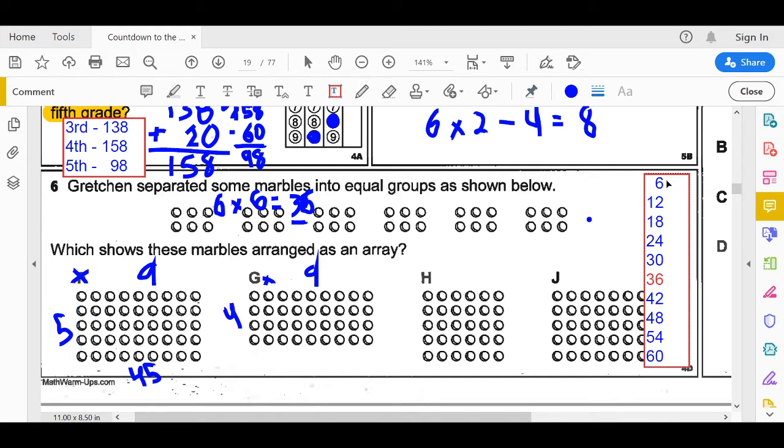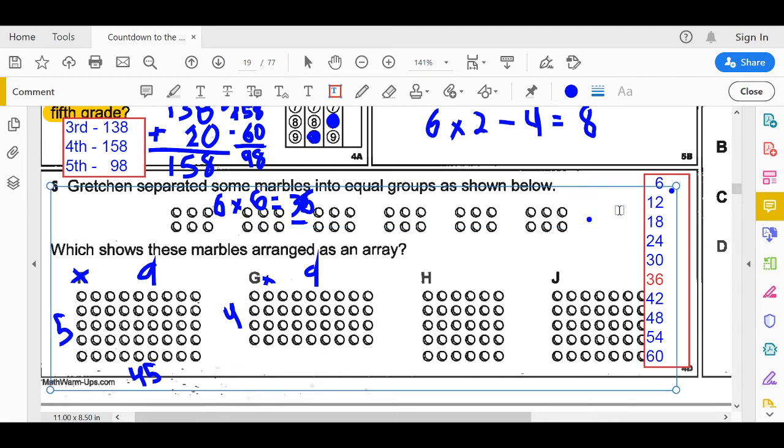So let me do my tables of 4 right here. That is 4. Okay, just going to make another text box here to do my tables of 4.